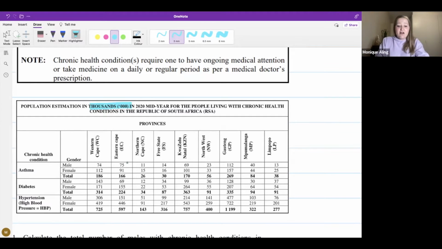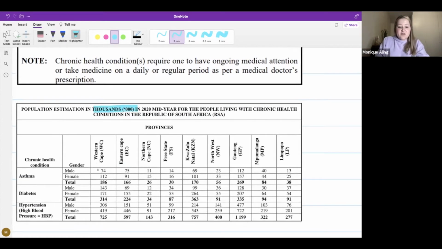If we look at the first one, this number 74, instead of writing out 74,000, they've just written 74. But because the heading says it's in thousands, we can read that 74 as 74,000 people: 74,000 males in the Western Cape have asthma.